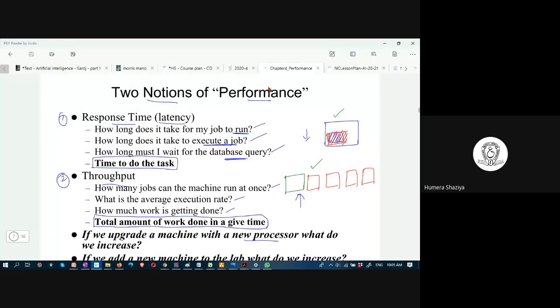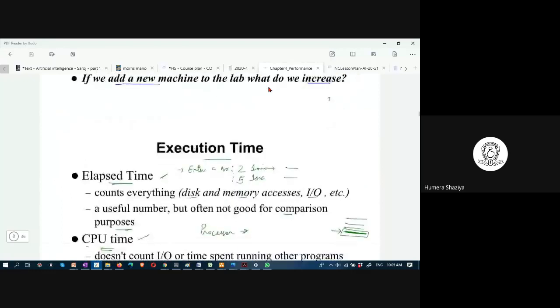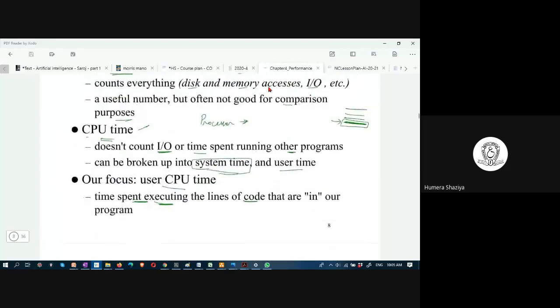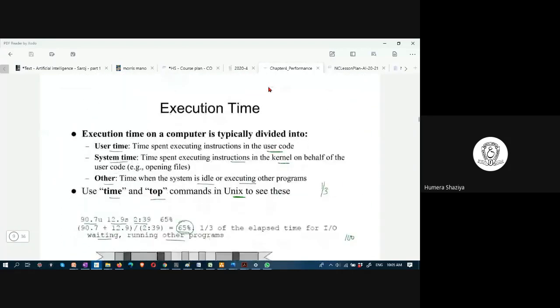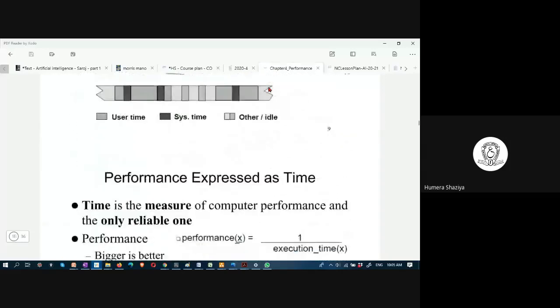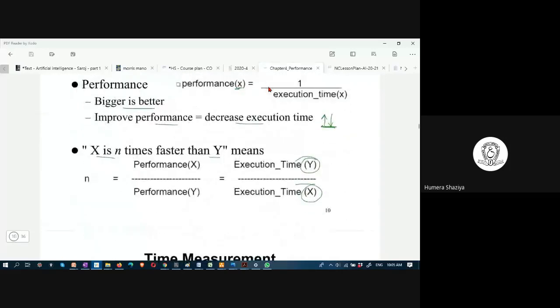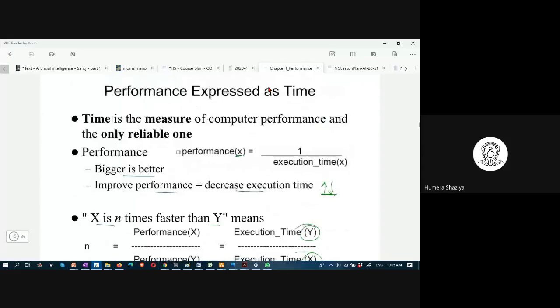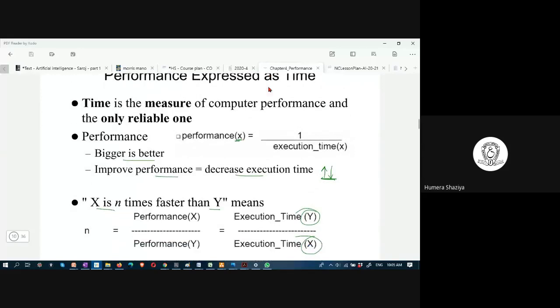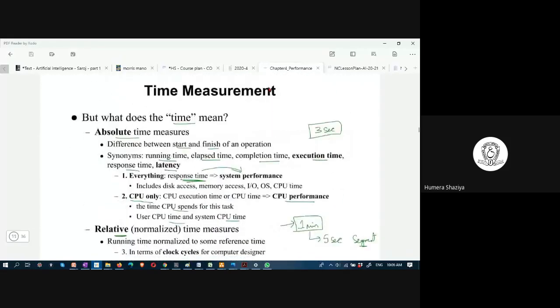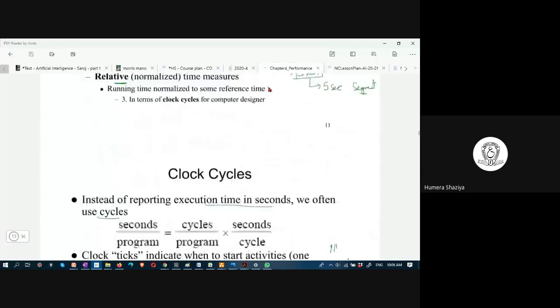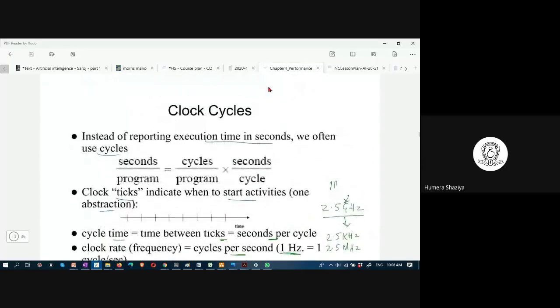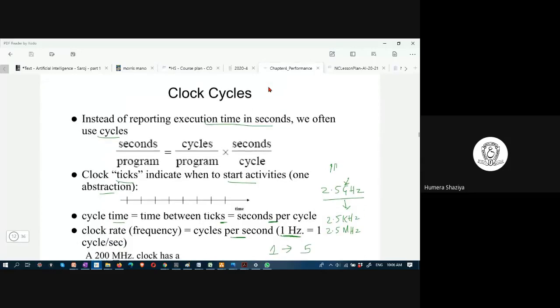An example. And what is execution time? What are the parts of execution time? And how can we express performance with respect to time? And how can time be measured as performance and clock cycles?